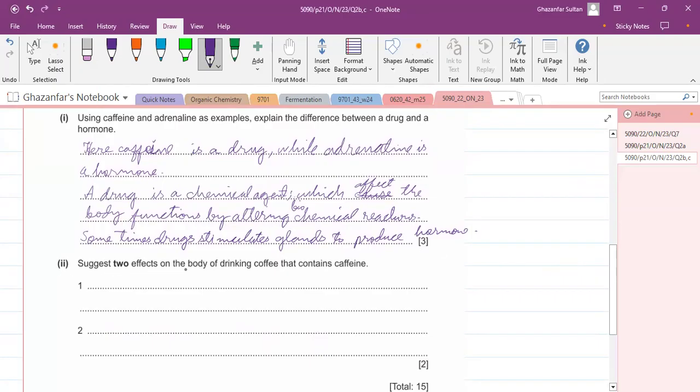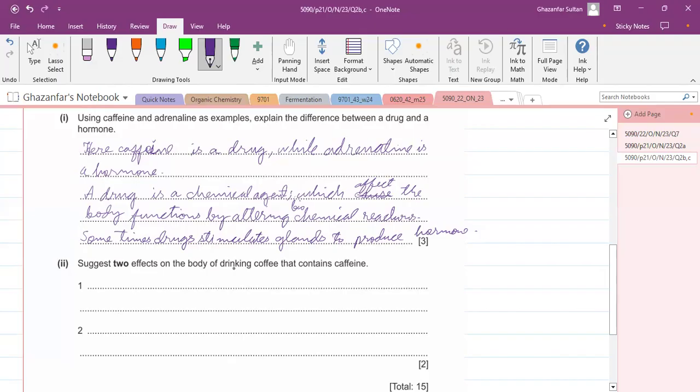So, just two effects on the body of drinking coffee that contains caffeine. As we have already told you, caffeine is a drug and it stimulates adrenaline. Adrenaline has a number of effects in our body. We are asked to write only two.